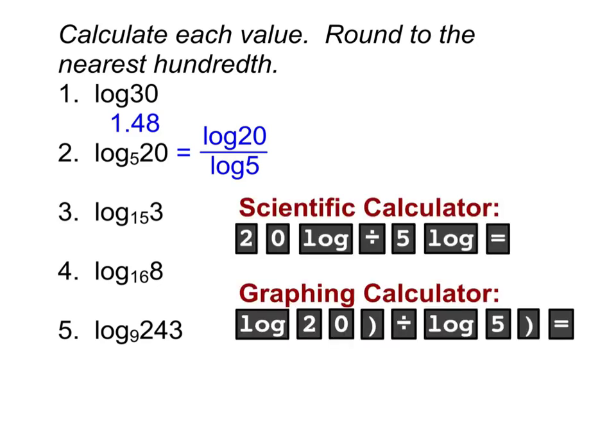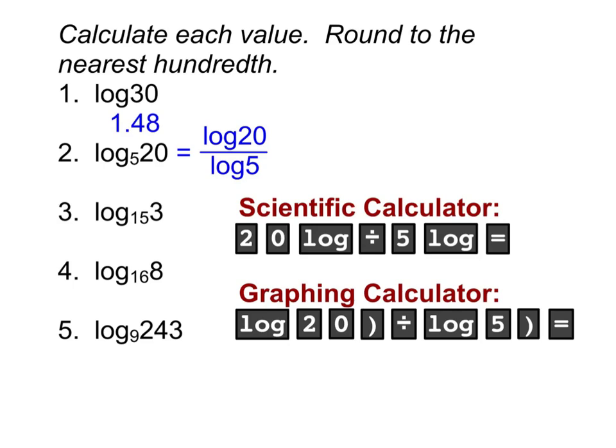These are the actual keystrokes that you would then need to go through. Now you'll notice in this case that on my scientific calculator, I do have an equals key press there. The reason is because when I do 20 and then press log, the number displayed on my screen at that moment is the log of 20. And then I say divide, I enter 5, and then I press log, and as soon as I pressed log, it took the logarithm of 5.